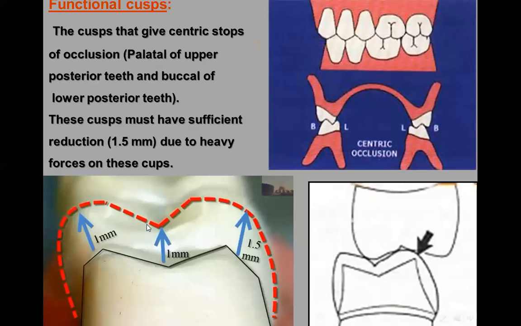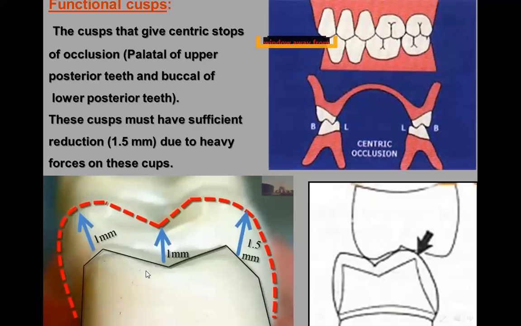Secondly is the presence of the functional cusp here. The functional cusp is present at the boundary of the axial reduction. The functional cusps are present when the patient occludes his teeth. In the upper, the palatal cusps are the functional cusps, and in the lower, the buccal cusps are the functional. So when we do our preparation, we must remove more from the functional cusps than the non-functional cusps.